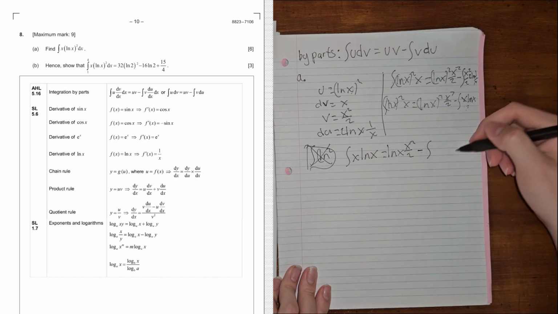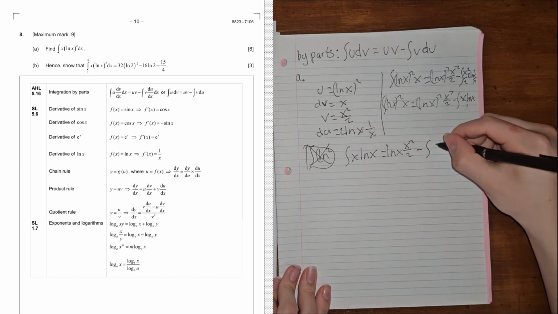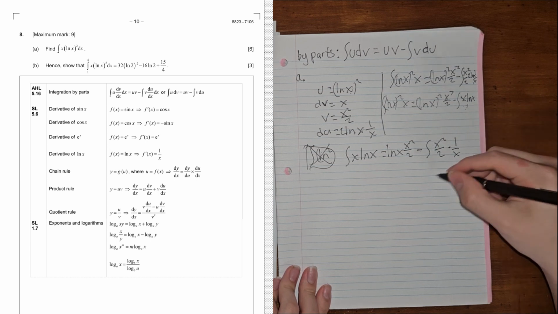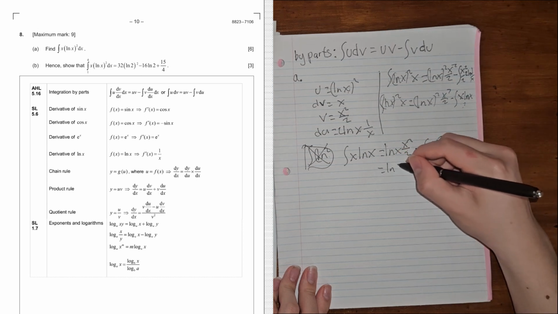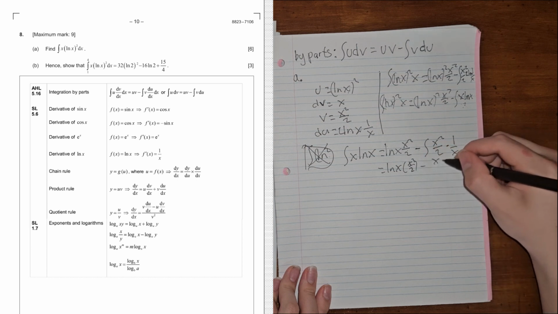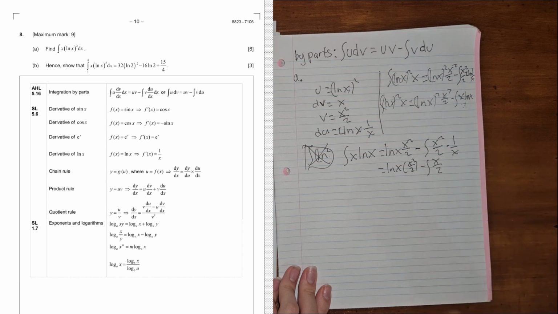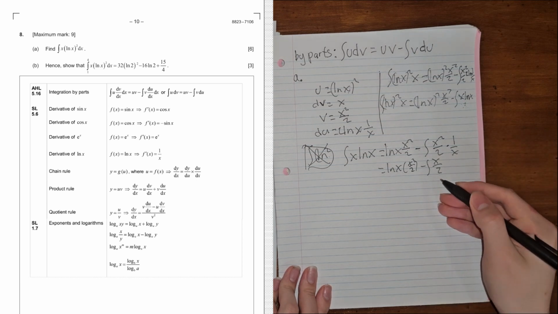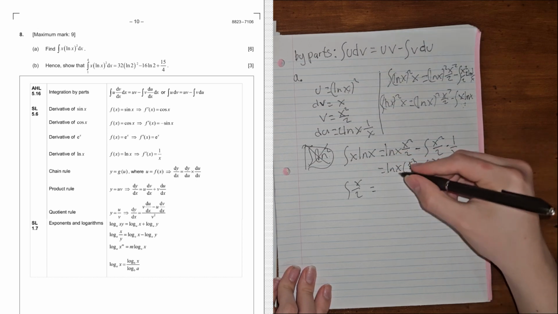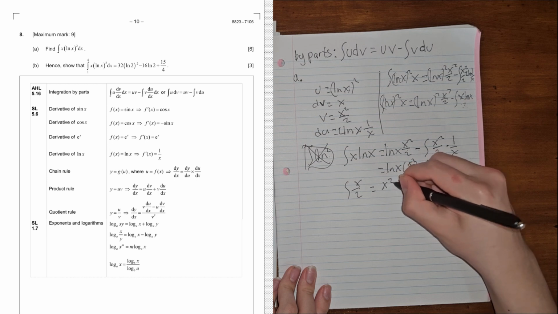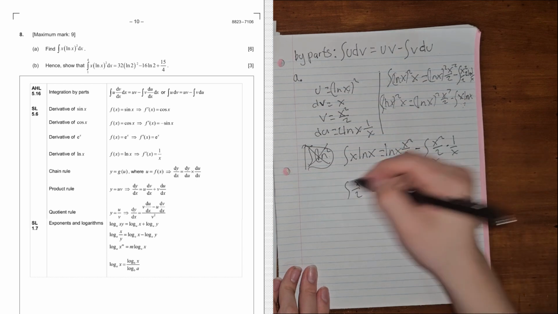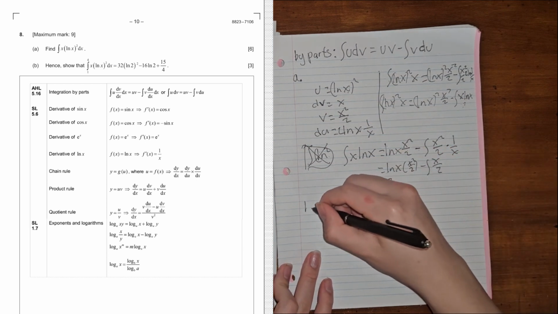If you forget, it's 1 over x, and that's just equal to x over 2. We could do this in our head, but the integral of x over 2 is simply equal to x squared over 4.